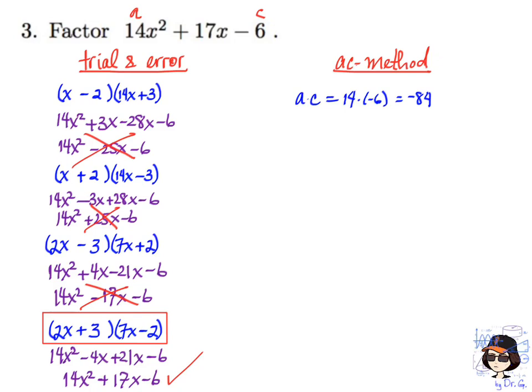Okay? And so now the next step is you want to find 2 numbers, I'm going to call them M and N, such that M and N multiply together to also be negative 84. So M times N is negative 84.